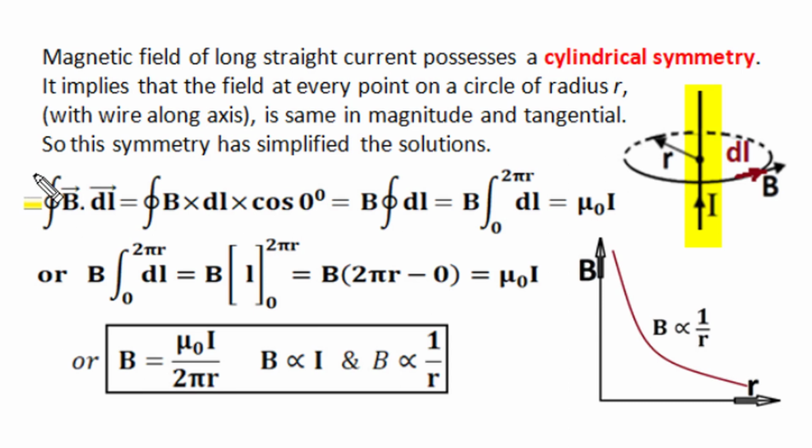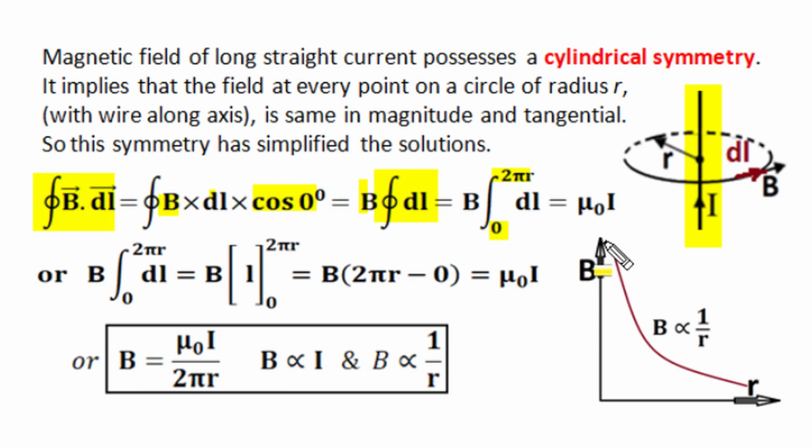In this closed line integral of magnetic flux density, the angle between the magnetic flux density and the elemental displacement on this circular path, both being tangential to this circular arc, is 0, and cos 0 equals 1. Everywhere on this circular path the magnetic flux density being constant comes out of the integration, and this becomes a mere closed integration of the entire circular path, and for one circular path the limit of length becomes 0 to 2 pi r.